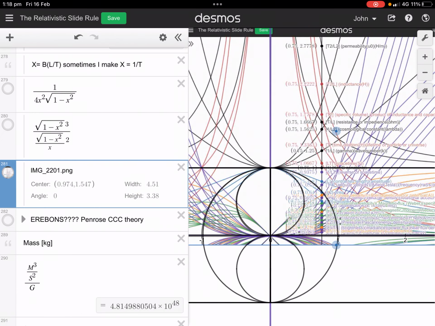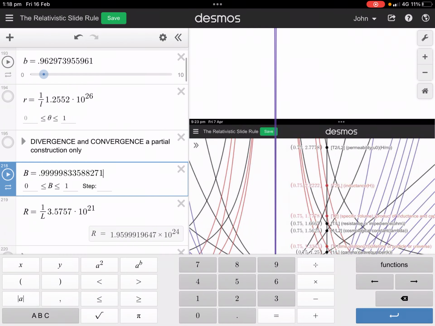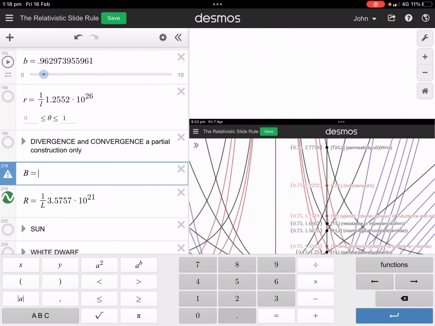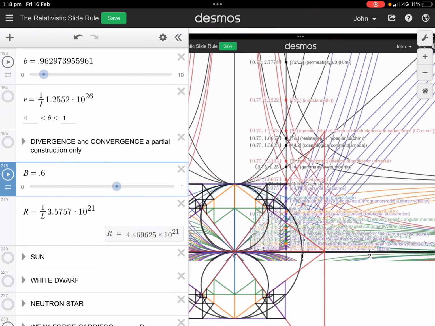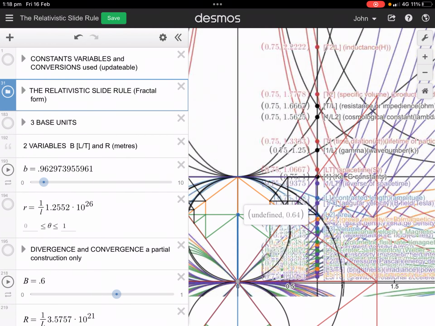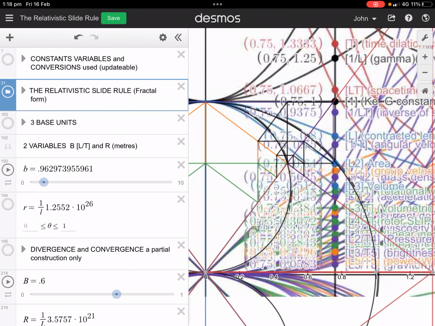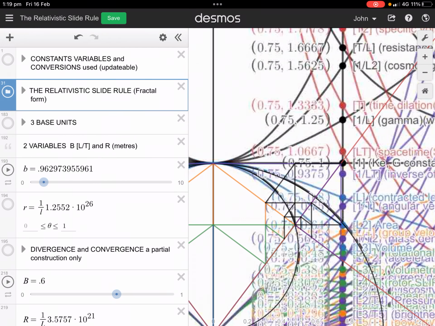And now I can just choose a b value. Let me choose 0.6. You can see that when b is 0.6, then proper velocity is 0.75.